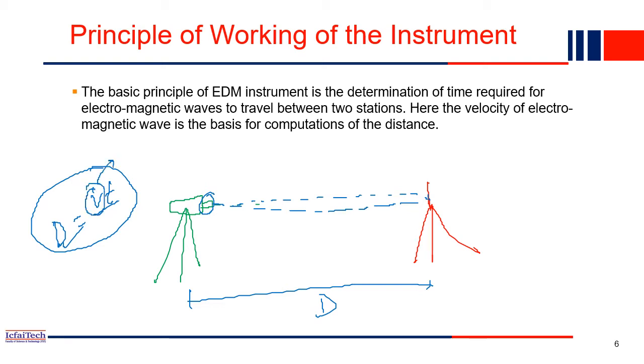If you are sending a microwave, then you know the velocity of microwave in the atmosphere, and t is the total time taken. This is the total distance, two times the distance, so it will be divided by two. Because the light signal goes here and reflects back, it is double. So that's why a single D will be vt by 2. That is the working principle of this EDM instrument.